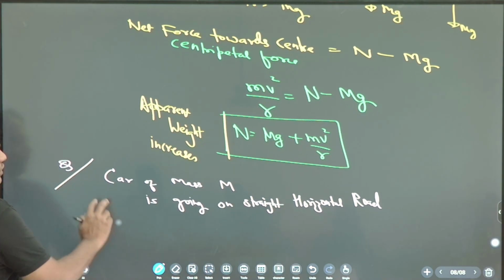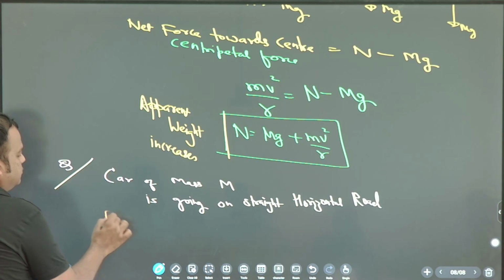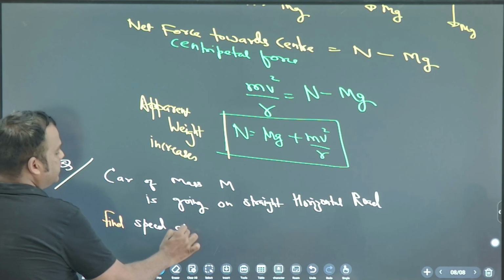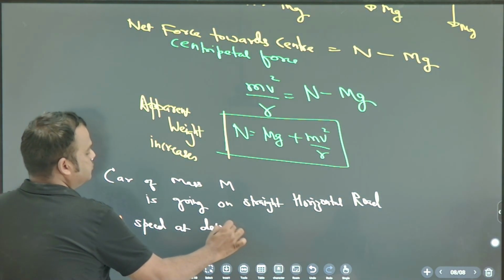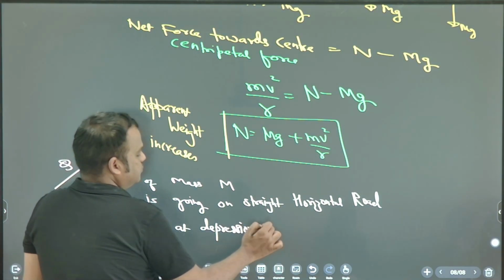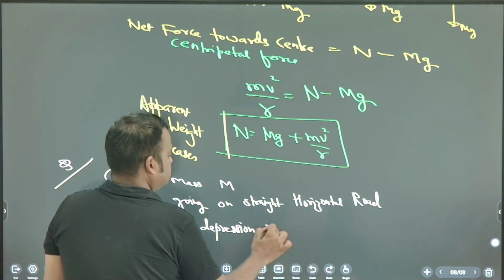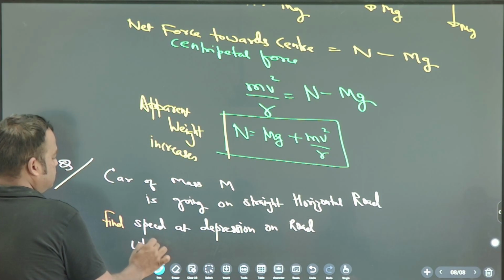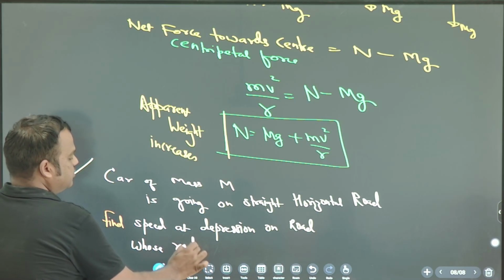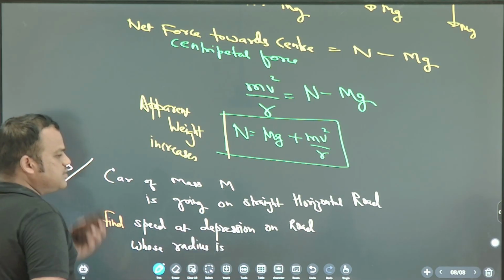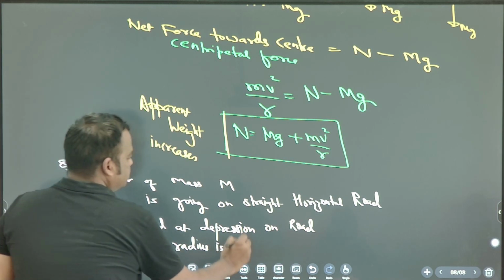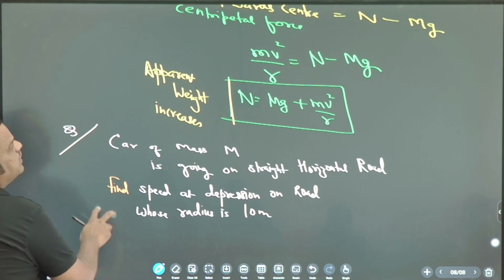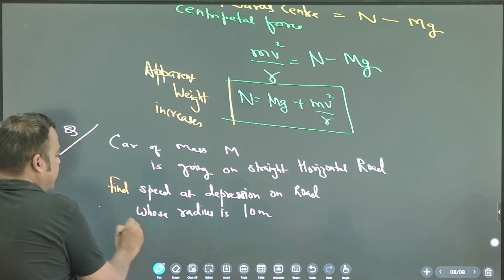Find the speed at a depression on the road whose radius is 10 meter. What is the radius given? 10 meter.